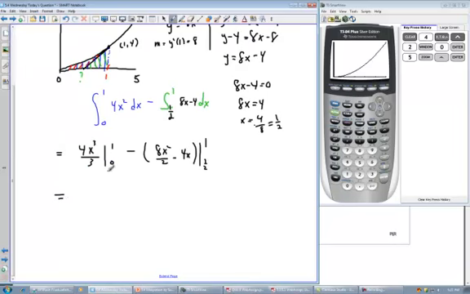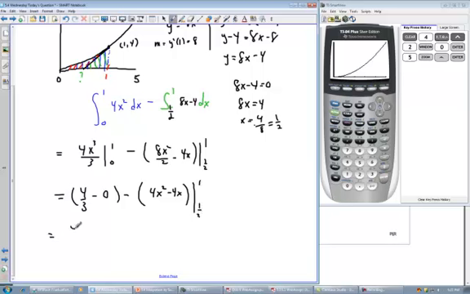Right, so this is equal to, now I can plug in the 1, so I get 4/3 minus, plug in 0, and I get 0 there. So there's that one term. And minus, I can simplify this a little bit, so 8 and 2 will cancel. I get 4x squared minus 4x from 1/2 to 1.